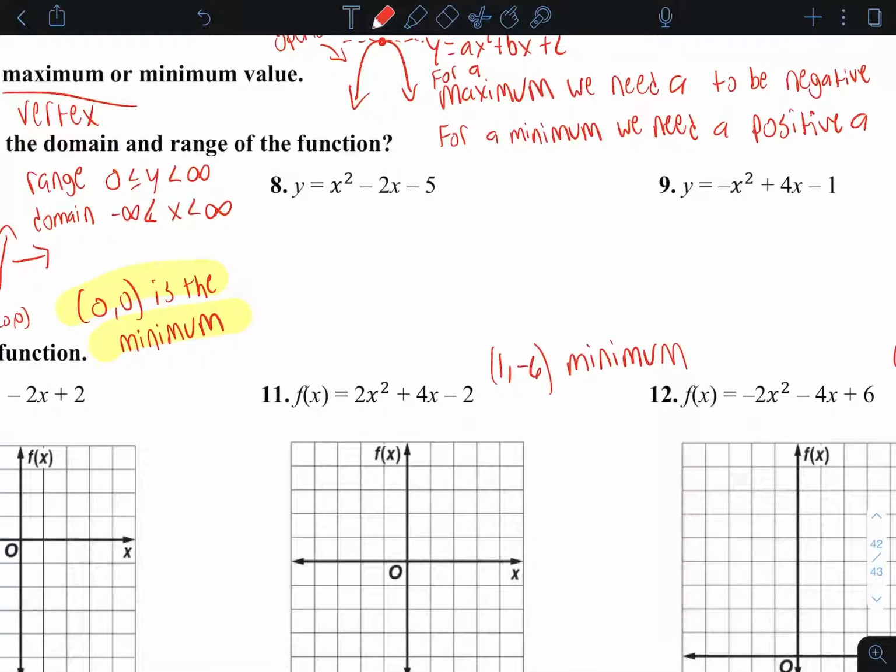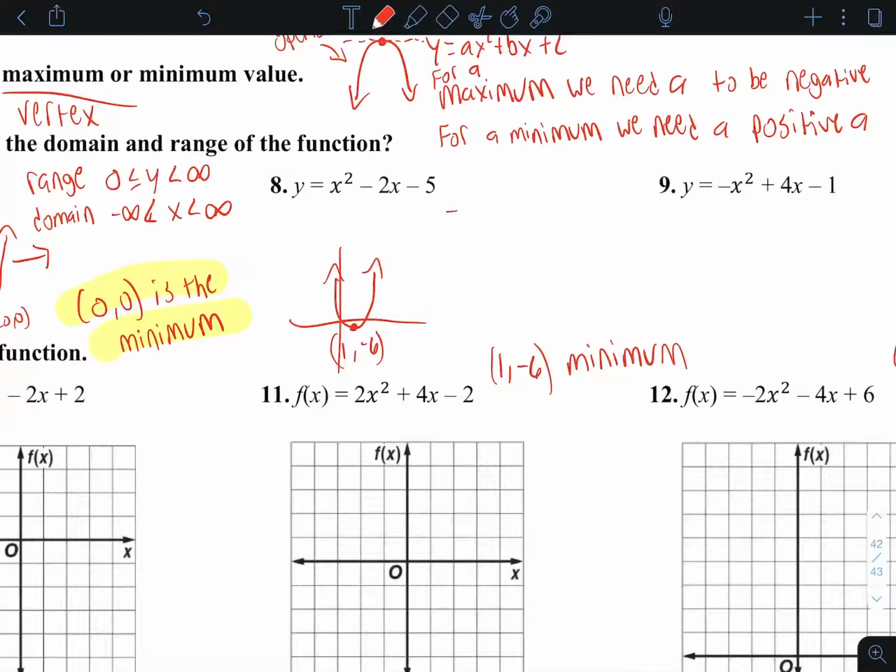For the next example, we know that 1, negative 6 is the minimum. We have another minimum, but this time it's going to be at 1, negative 6. I'm drawing this graph. It's just showing you that this parabola is somewhere in the plane of all x's and all y's, but the smallest number on this graph is 1, negative 6.